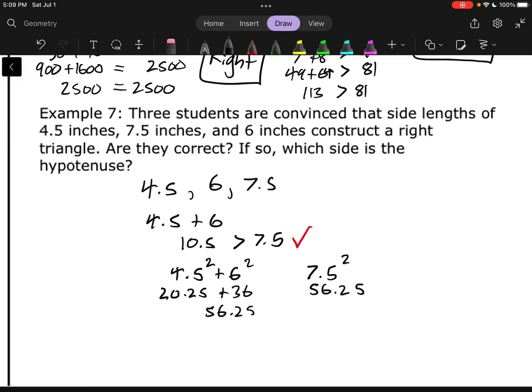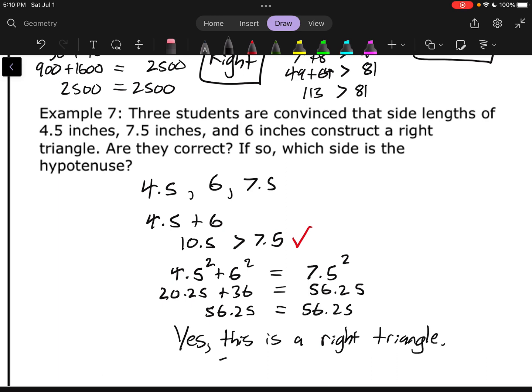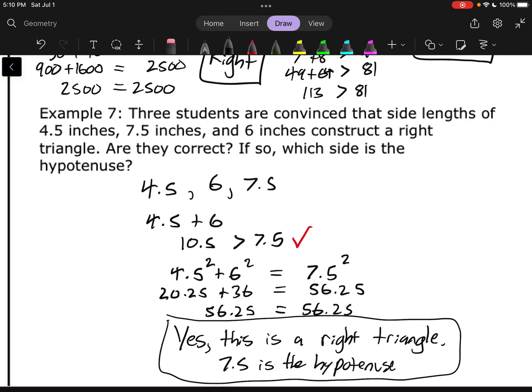That is 56.25. So 56.25 is equal to 56.25. So a squared plus b squared is in fact equal to c squared. So yes, this is a right triangle. And that means that 7.5 is the hypotenuse, because that's the biggest side. That was our C. Good job, students. They got it right there.